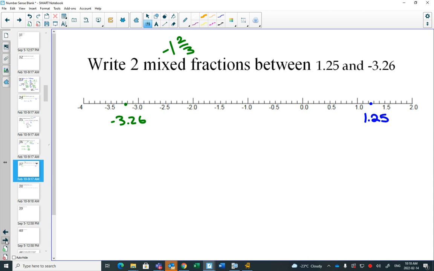So the way this game is going to work is I'm randomly going to pick someone to start. And the person who starts says a mixed fraction in between. So let's say it was randomly me, and I said negative 1 2/3. Then after I pick the random person, the person immediately behind them goes next, and we'll go in this direction.